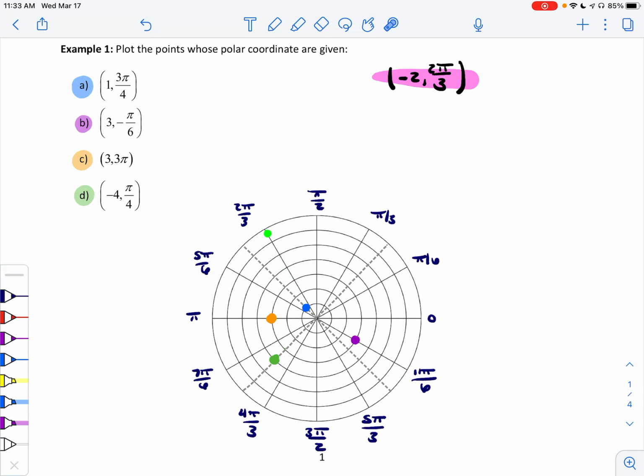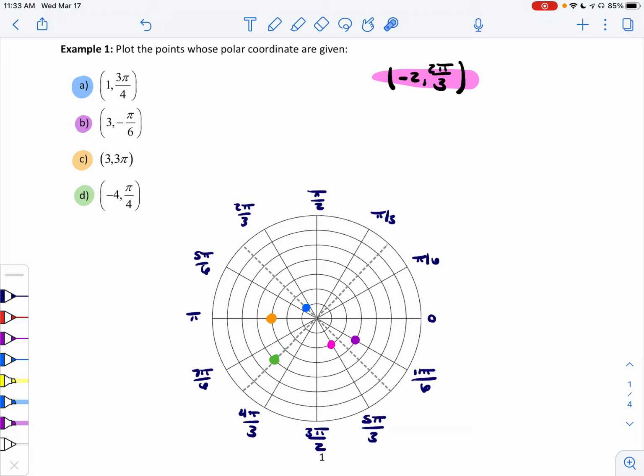And then the negative radius means it's going to flip us across the unit circle. So that would take us down into quadrant 4, out to the second circle. And we would just plot our point right there. So again, when we have a negative radius, start by looking for your angle on the unit circle, and then reflect it across the circle into the opposite quadrant across the origin, and plot your point.